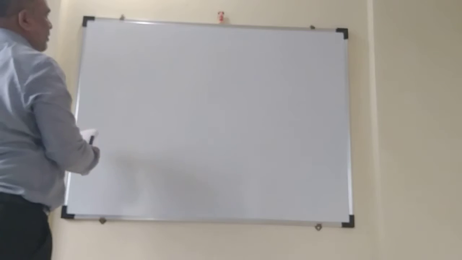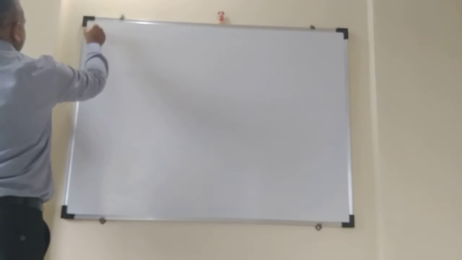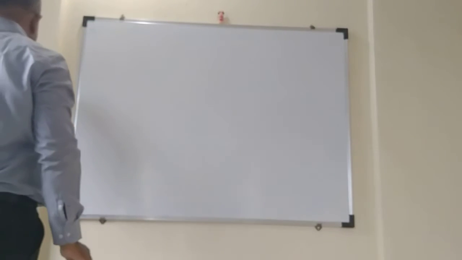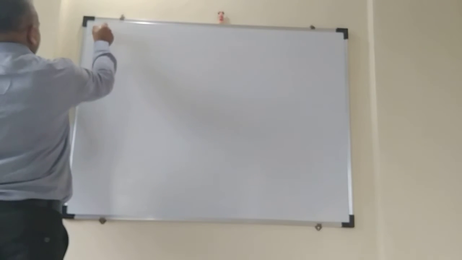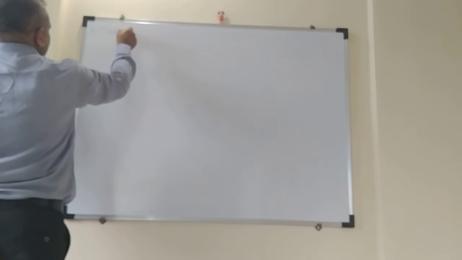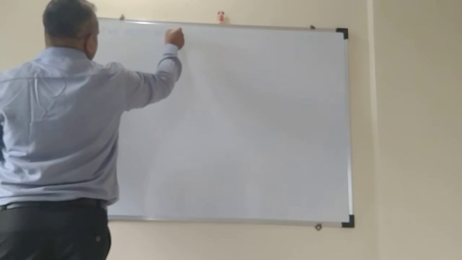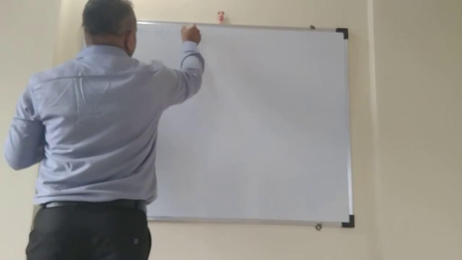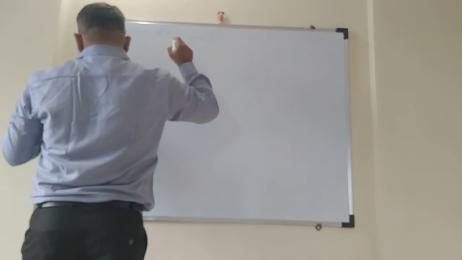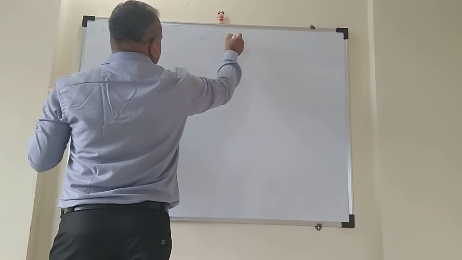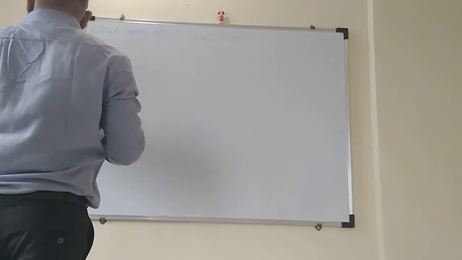Let's take the unsolved problem, and the next unsolved problem is problem number 16, and the problem is find the approximate value of square root of 2.99 bracket square plus 3.99 bracket square, using the method of differentiation.